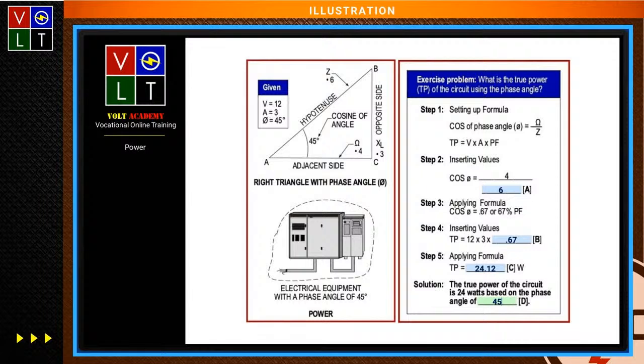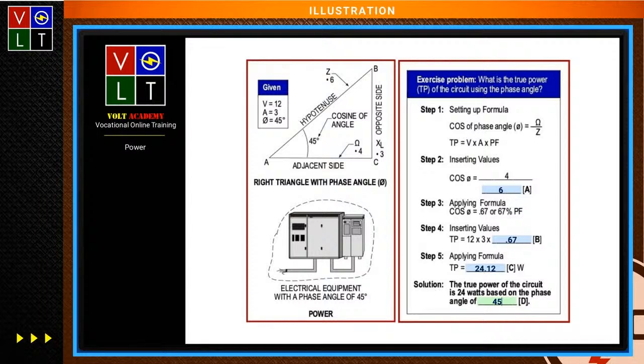Inductive, didn't I? Now, what you're going to do is get the cosine of that phase angle based on that. So I'm going to divide the impedance into the ohms. We're showing in the illustration that the ohms are 4 and the impedance is 6. So I'm going to divide 6 into 4, and that's going to give me 67%, 0.67.